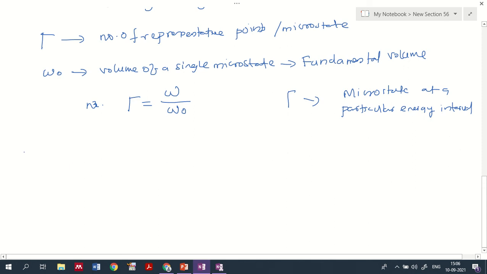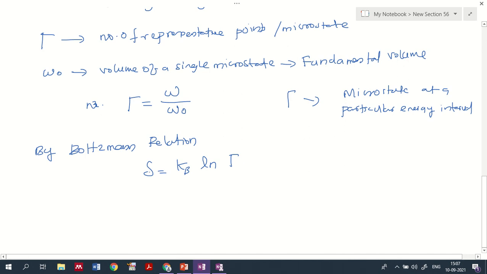When you represent by the Boltzmann relation, we have a relation for entropy. That is, entropy S is equal to k_B ln gamma. Hope you remember this equation.